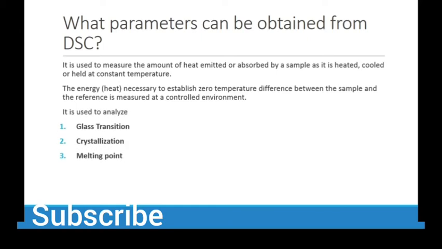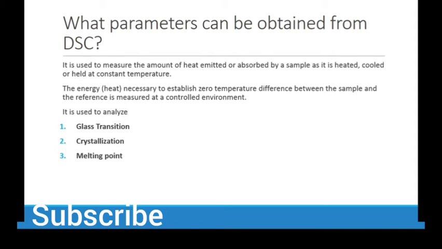What we analyze in DSC are glass transition, crystallization and melting point, which are different types of transition. Glass transition is a second order transition, while crystallization and melting point are first order transitions.